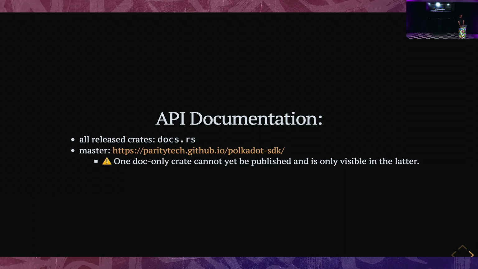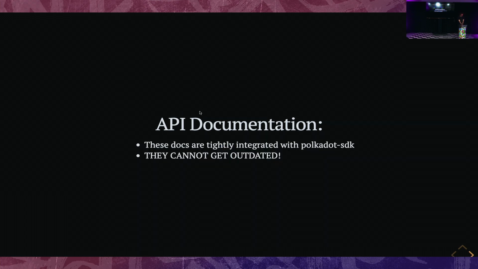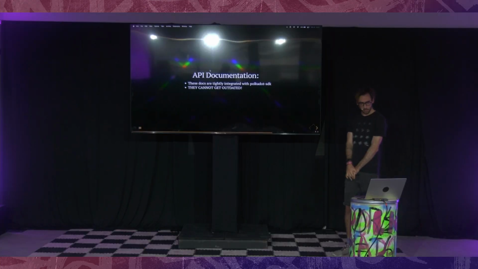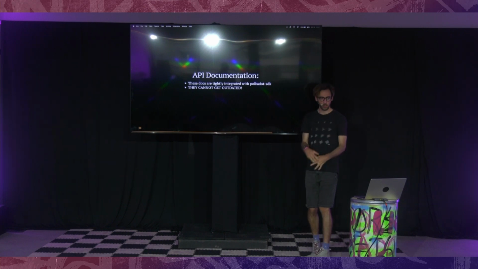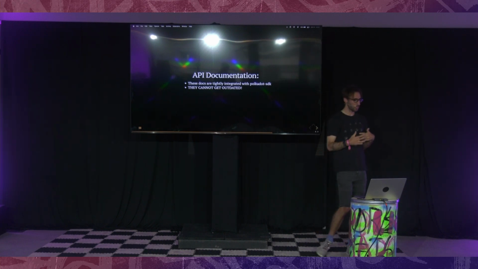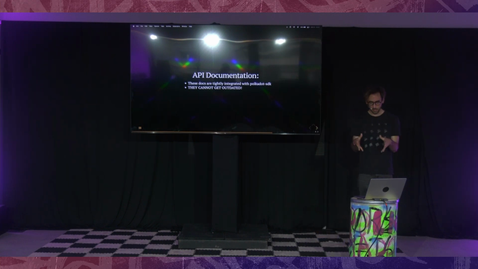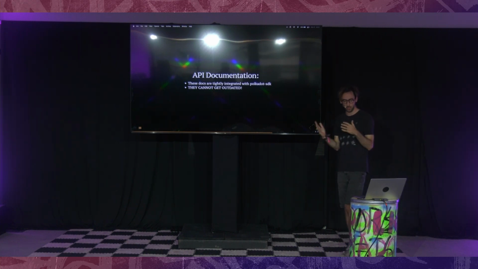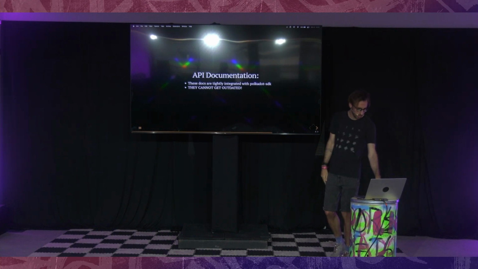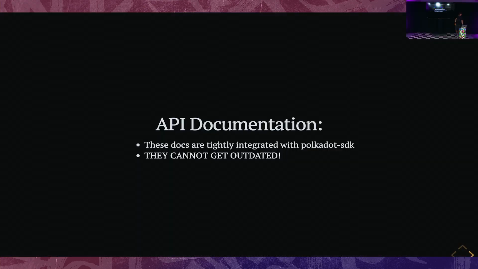So there's a bit of leftover work there. I already hinted at this before: most of this documentation inside of Polkadot SDK is guaranteed to be correct, and it's not going to be out of date any time soon. That's also a property of these API docs.